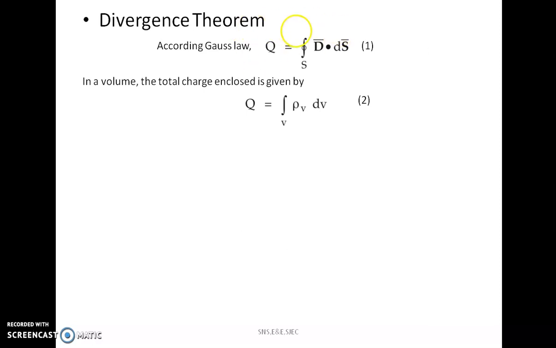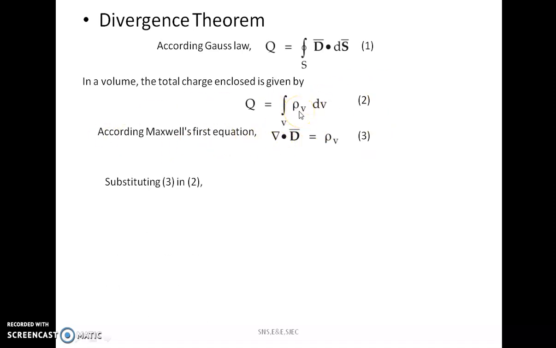Now, according to Maxwell's first equation, the volume charge density can be written in terms of divergence. So I can write del dot D is equal to rho V. Substituting this equation 3 in equation 2, I write Q is equal to the volume integral of del dot D dV.